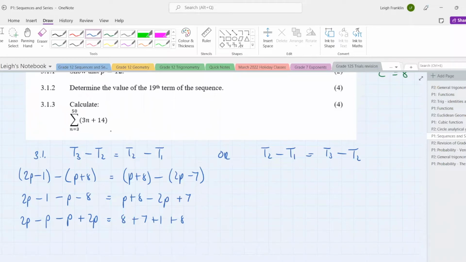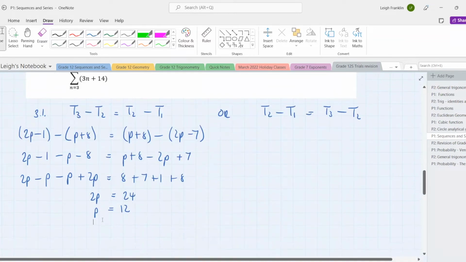That leaves us with 2p equal to 8 plus 7 plus 1 plus 8, which is 24. Dividing both sides by 2, we get that p is equal to 12.